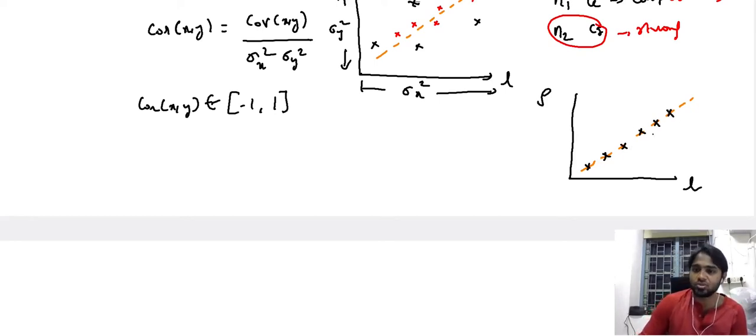The line that we use to describe qualitatively the relation or the covariance, when all these different points are present on this line, then we have the strongest possible correlation, and that is represented by 1.